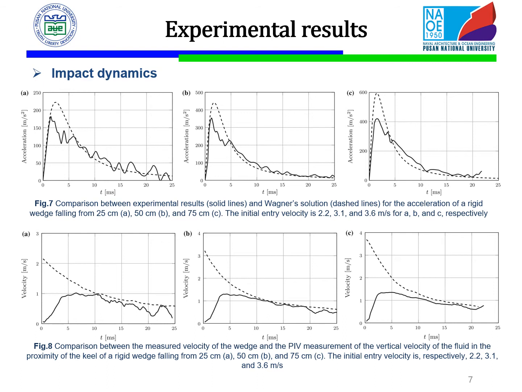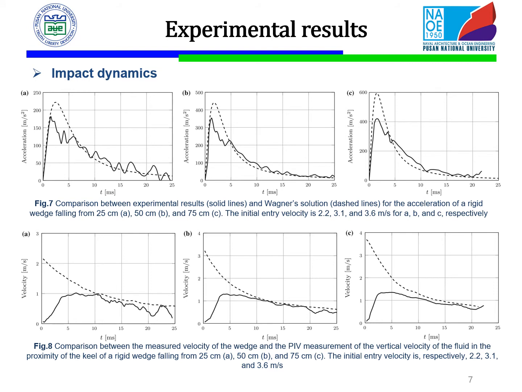To ascertain the reliability of the experimental setup and the ability of the acquisition system to record the wedge kinematics, it is needed to compare the acceleration of the falling wedge obtained from Wagner's theory with the experimental observations. Figure 7 compares the time trace of the acceleration over the impact time of the rigid wedge falling from 25, 50, and 75 centimeters with Wagner's solution in equation 3b.